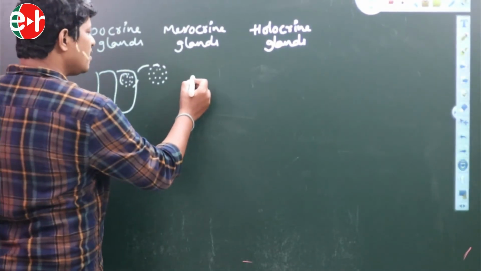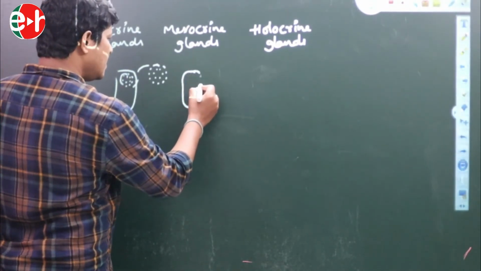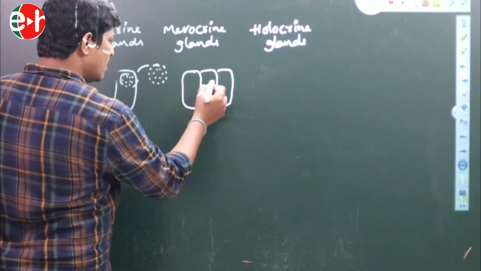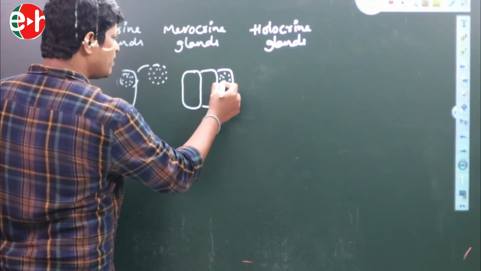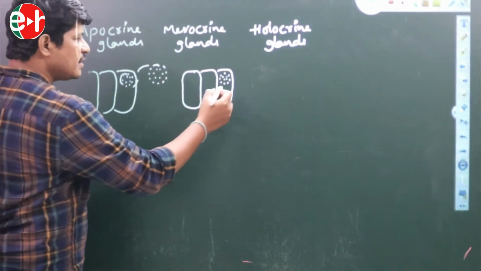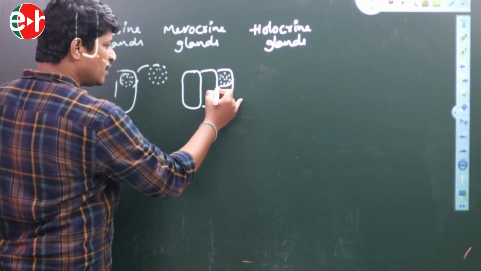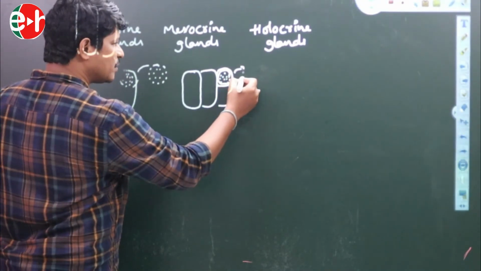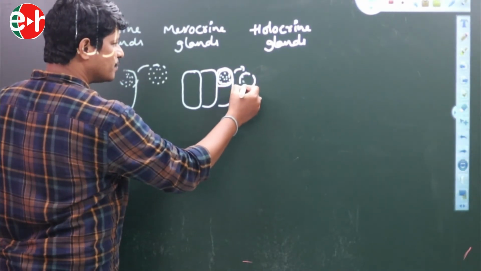And coming to the merocrine glands, in these merocrine glands the secretory granules are present. Only this part is pinched off the cell and released from this cell.